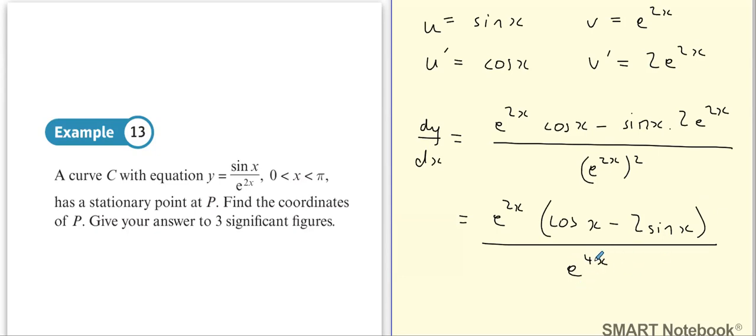Now what's going to happen is this is going to cross out with this to leave us with e to the 2x there. Okay, is everyone happy with that? And I would leave it like that. I wouldn't take the e to the 2x up to the top. And I'm going to explain to you why in a second.